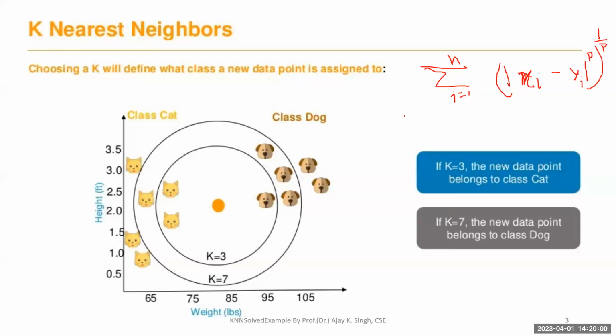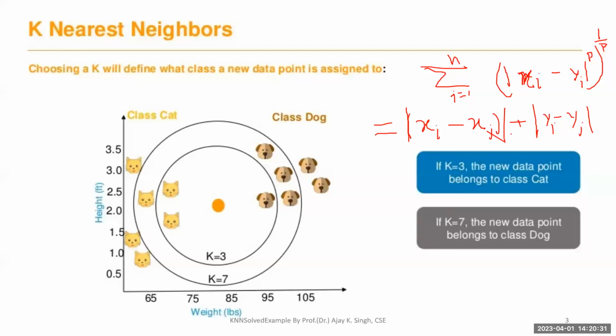Manhattan is nothing but the modulus of xi minus yi, summed up. If I put the value of p as 1, this becomes your Manhattan distance.